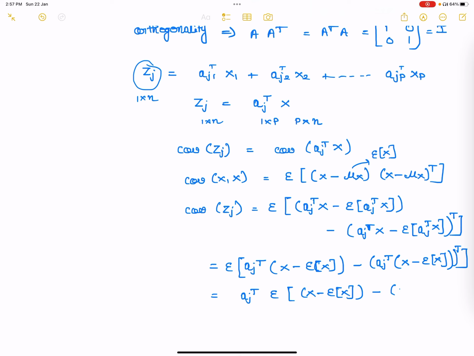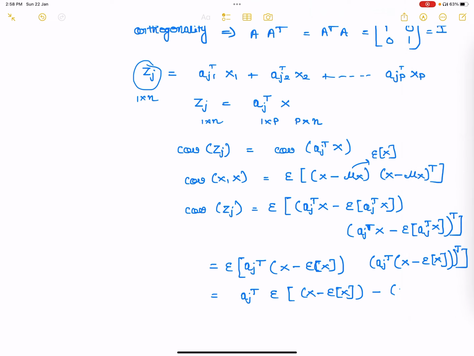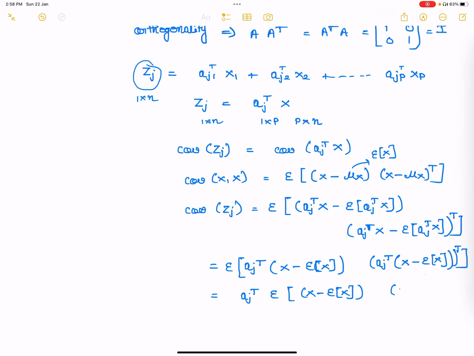Oh, sorry. This extra minus sign, I don't know where I have taken it from. This should not be there. This is a multiplication. There is no minus sign here. So what I will have is X minus E of X, this transpose into Aj, because the transpose will be Aj.